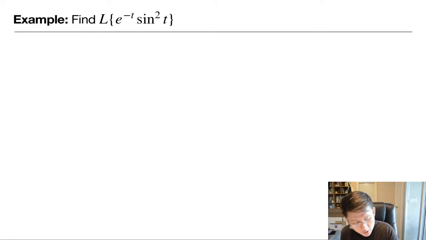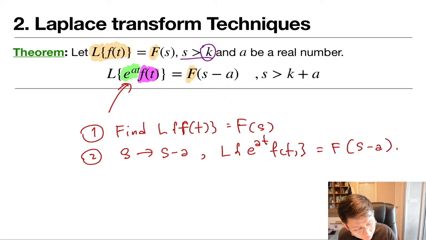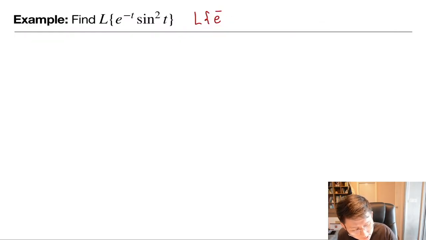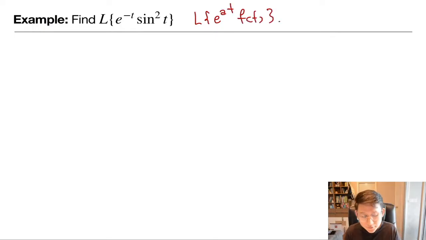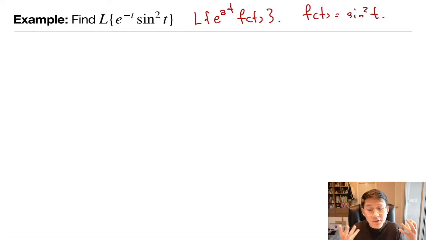So here we're going to use this technique, which is e to the at f(t). In that case, first we let f(t) be sine squared t.